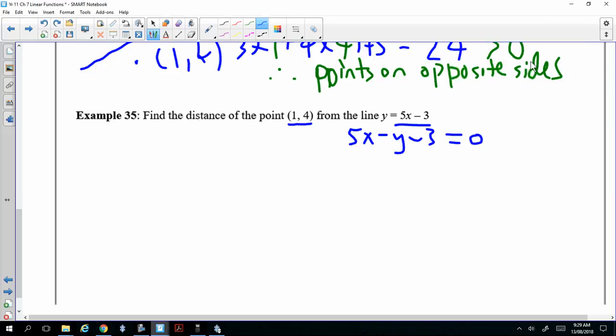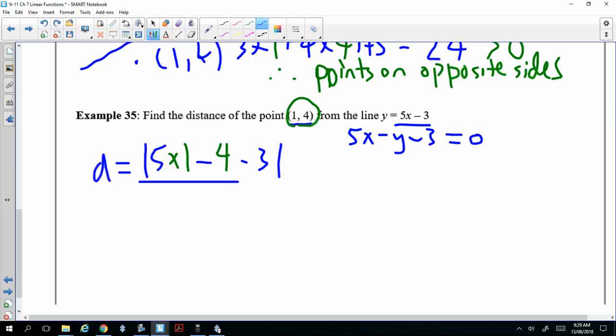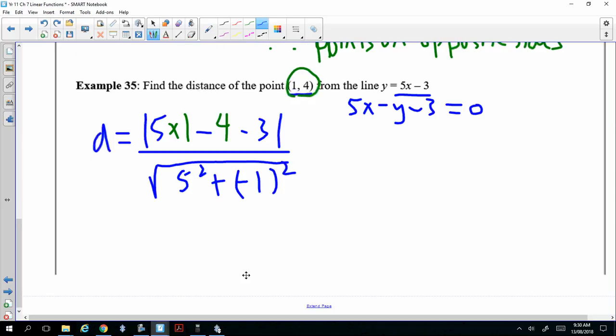So d equals, in general form, 5 minus negative 3, and substitute (1, 4) in here. So put 1, 4. And then you go over the square root of 5 squared plus negative 1 squared. Leave your answer in exact form. So you get root 26 at the bottom.